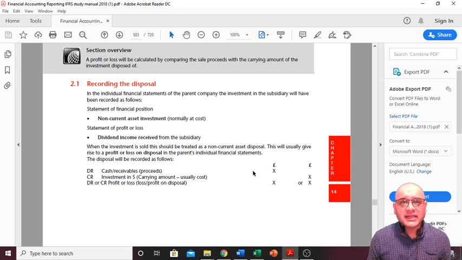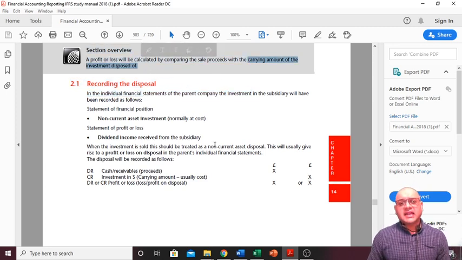The parent will calculate that gain or loss by comparing the sales proceeds it receives with the carrying amount of the investment it is disposing of. Usually the carrying amount of the disposal would be the original cost that the parent paid to acquire the subsidiary.